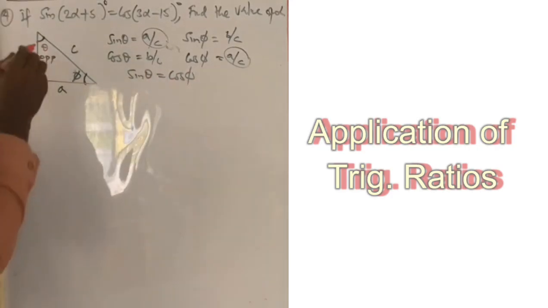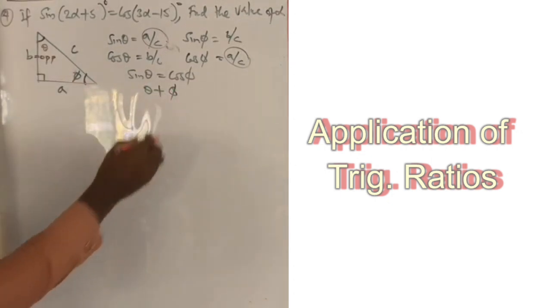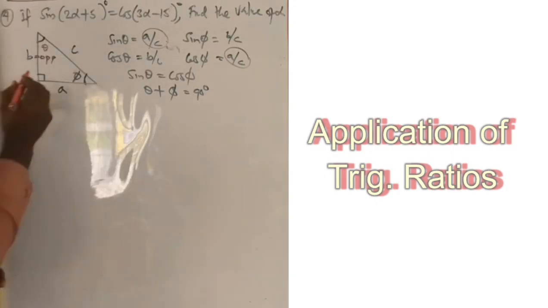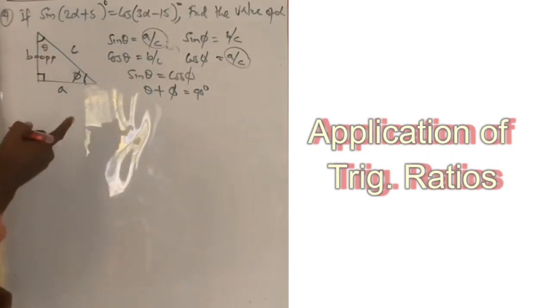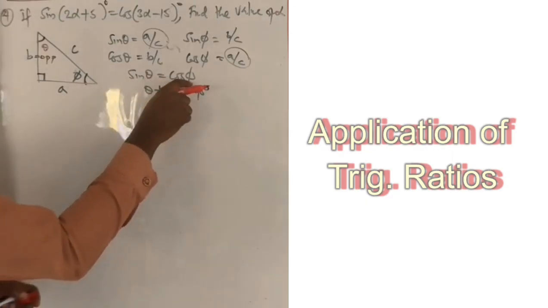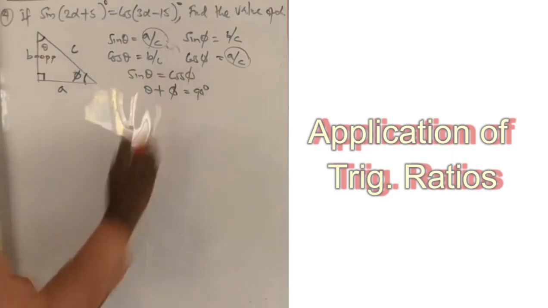Because in this diagram, if we add these two angles, theta plus phi, we must get 90, since the total angle in the triangle is 180 and one angle is 90. So these two angles are complementary. If the two angles are complementary, sin theta will equal cos phi.